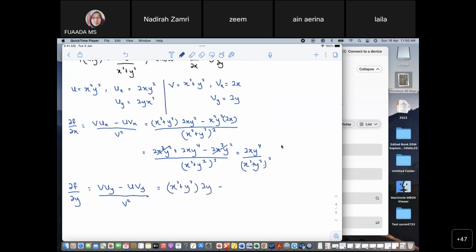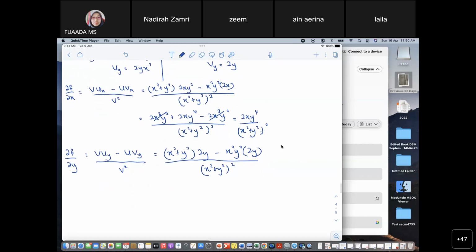Minus u is x squared y squared, vy is 2y, divided by x squared plus y squared, squared. Okay, so expand and simplify. So 2y x squared plus 2y cubed minus 2x squared y cubed, 2x squared y cubed, divided by x squared plus y squared, squared.